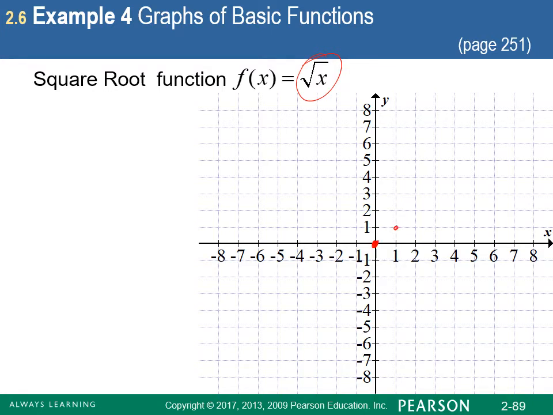There's also a dot at 1, 1, square root of 1 is 1. At 4, 2, square root of 4 is 2. And 9, 3. So in that regard, it has the same shape as the graph of x squared. Only this one is going sideways instead of vertical. And there's no bottom part to it. It's just that.